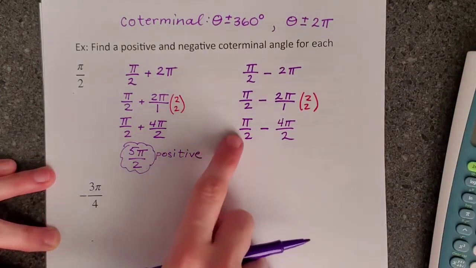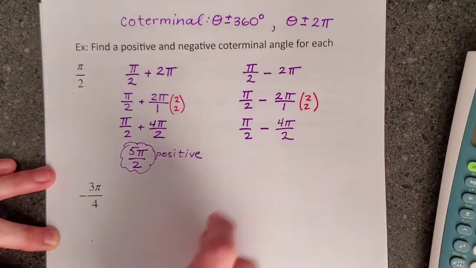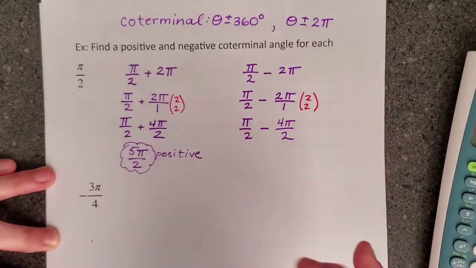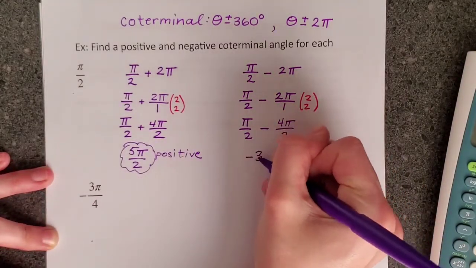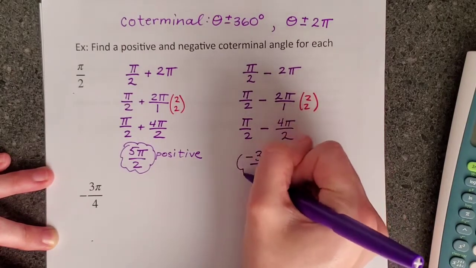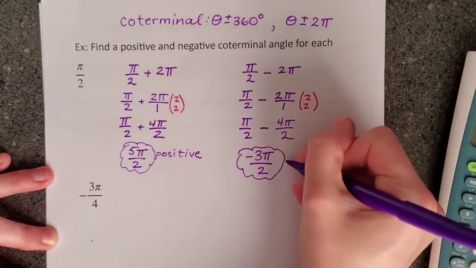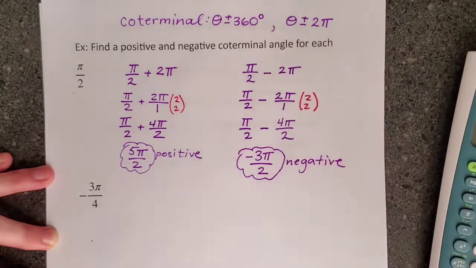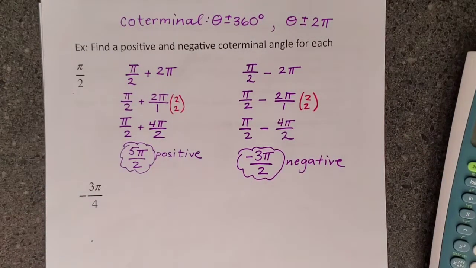Then I've got 1 pi over 2 minus 4 pi over 2. I've got 1 pi minus 4 pi. That's negative 3 pi over 2. And that is my negative coterminal.